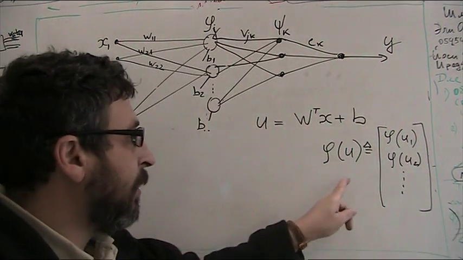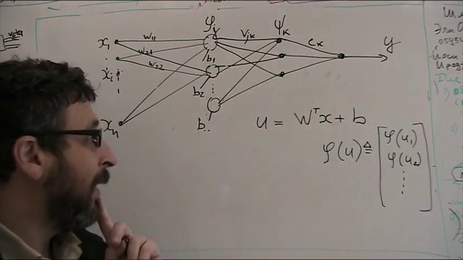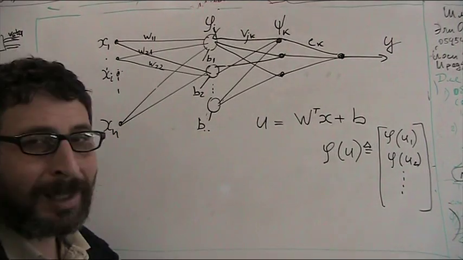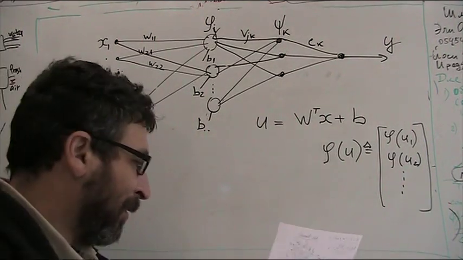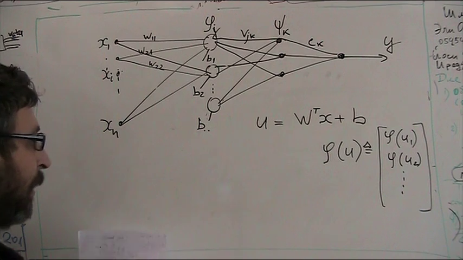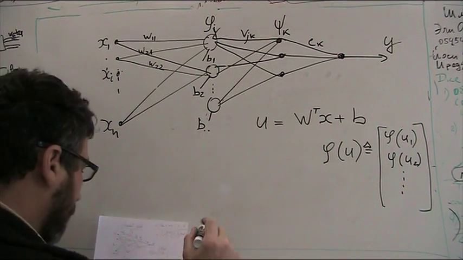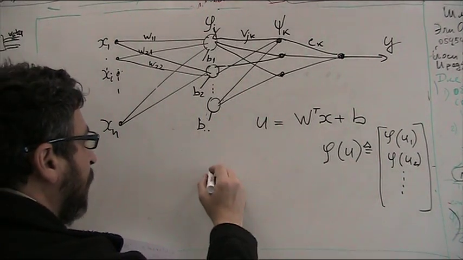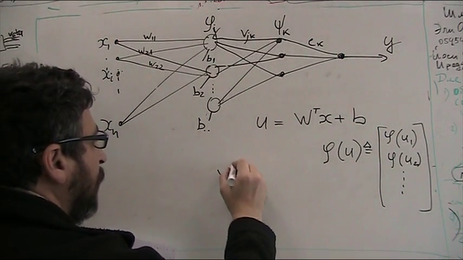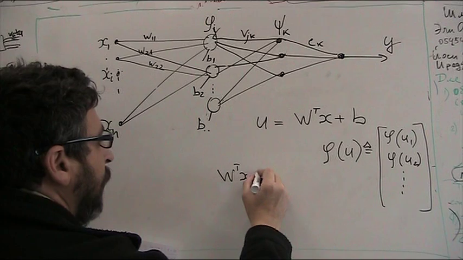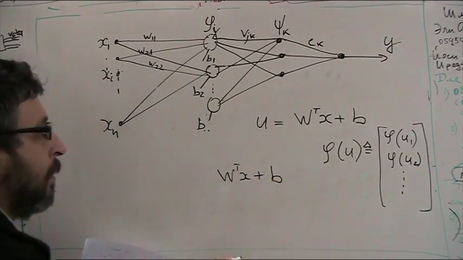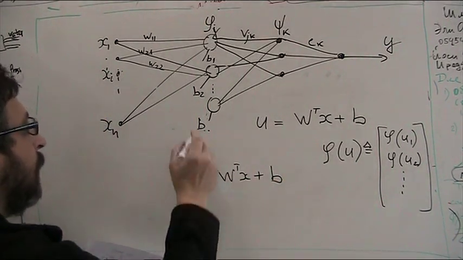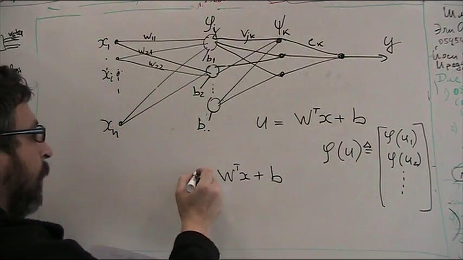And having this notation, I can very compactly express what a neural network does. Let me write, and then you will check me. So again, I have this W transpose X plus B. This is my U. Then I apply to it the nonlinear function.